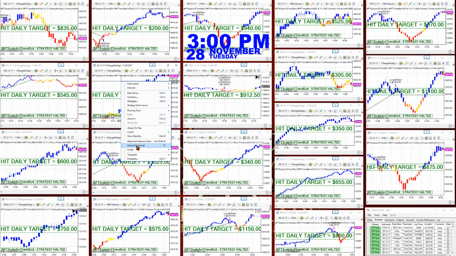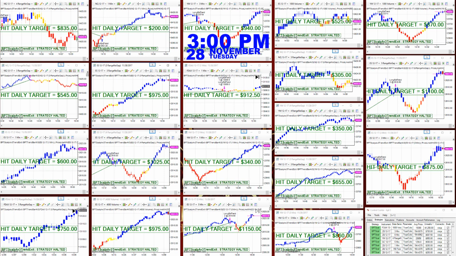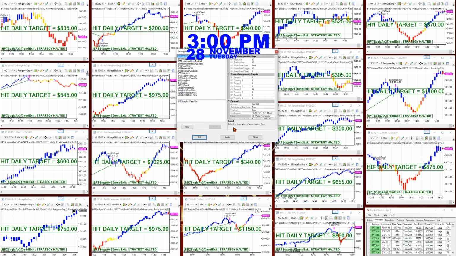It's that simple. No big deal. But the advantage here: no optimization, no tweaking, straight out of the box, turn on and off. That's all you have to do. You set your target. All those here are on 200.